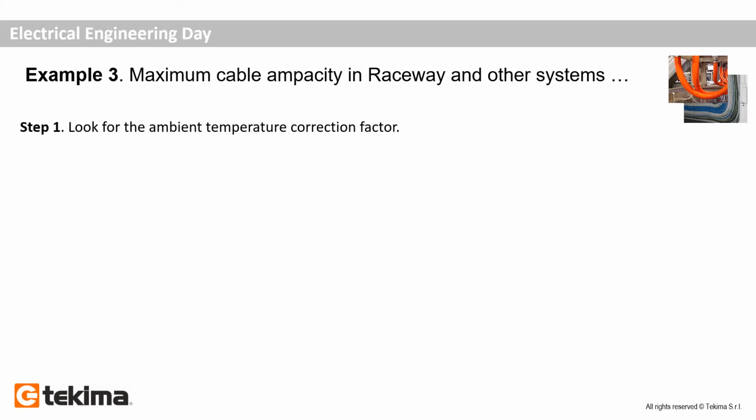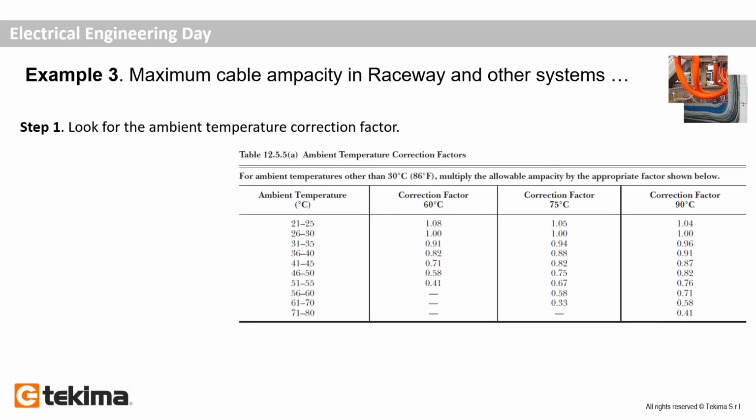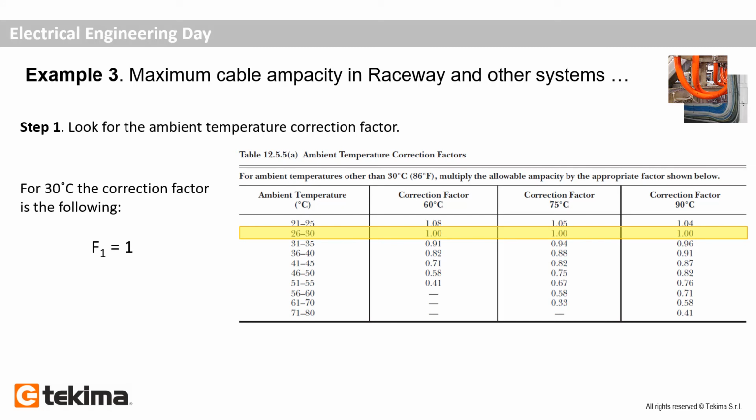First step, look for the ambient temperature correction factor. We are working at 30 degrees Celsius, which means that independently of the temperature rating of the cable, the factor is equal to 1. So we do not have any effect at 30 degrees.